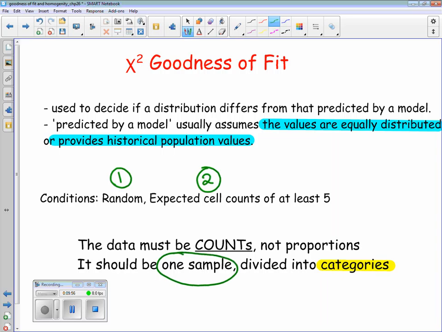If you have more than 1 sample, you cannot use this test. So, one sample test. In that sample, you're going to be taking that data, which should be given to you divided into categories. It's important to know what the categories are, because that's how you find your degree of freedom, because there's going to be a degree of freedom like there was with a t. Okay? So one sample, we're looking at categorical counts. We can recognize that data, I hope.